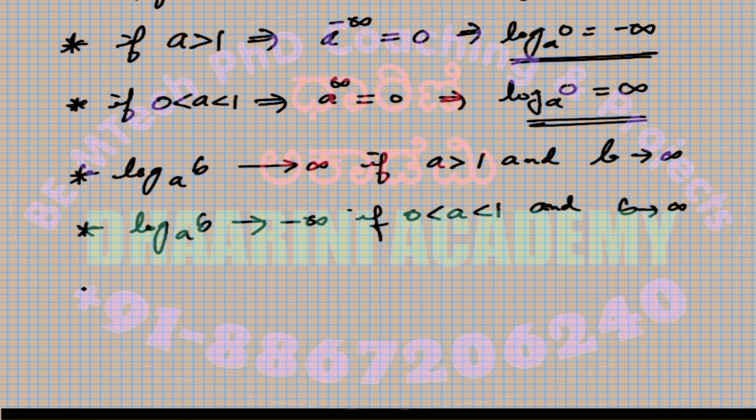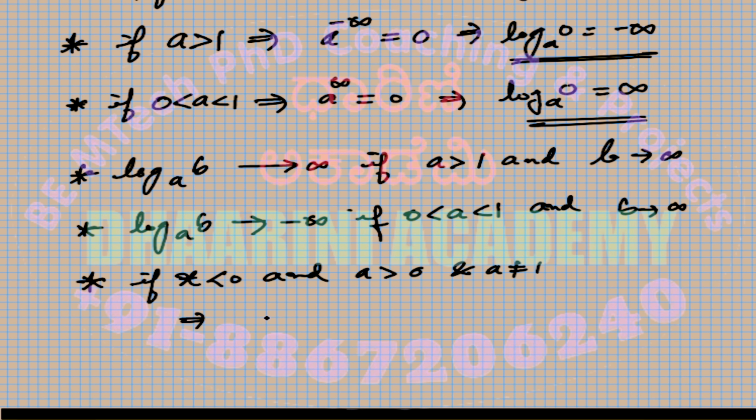Then let's move on to the next point. Say if x is less than 0 and a is greater than 0, and a is not equal to 1. In this case, a is greater than 0 but x is less than 0, which means x is a negative term.